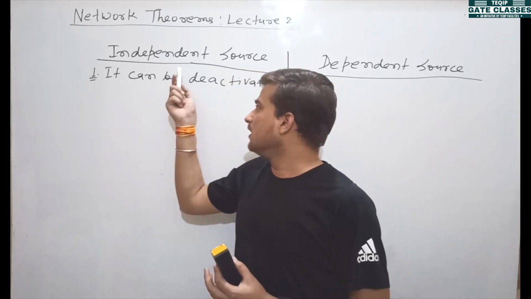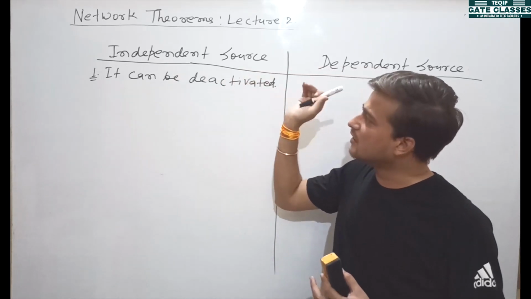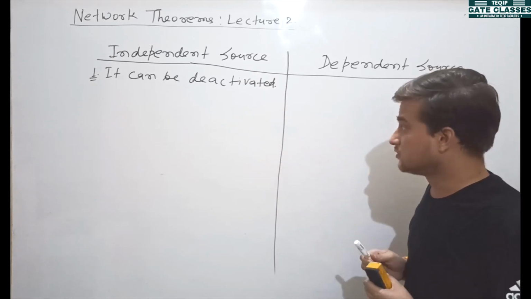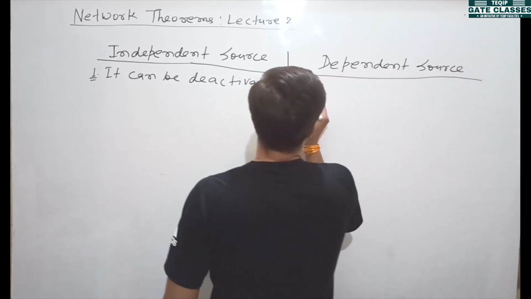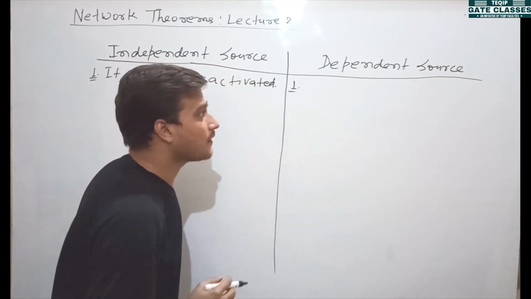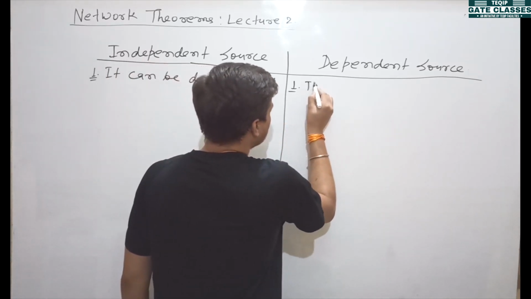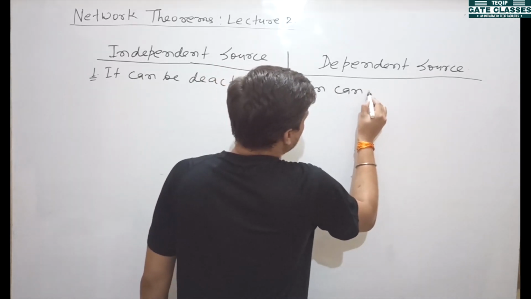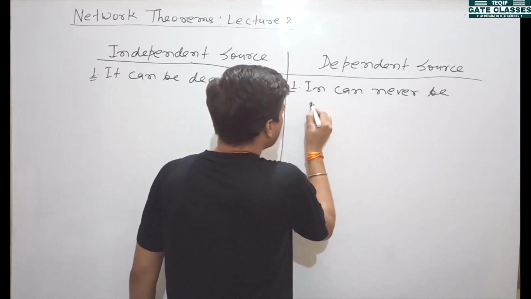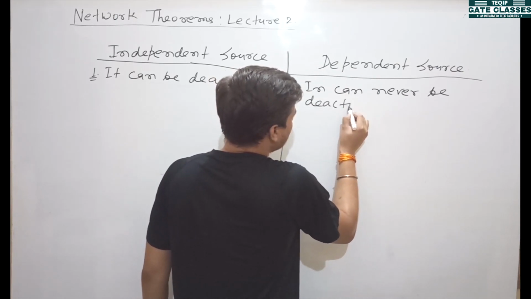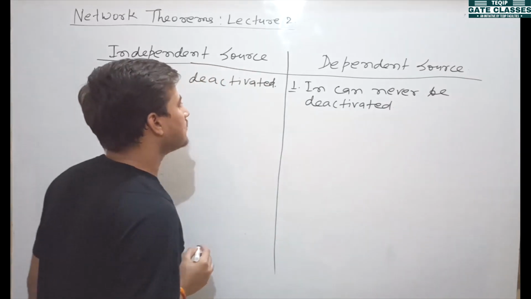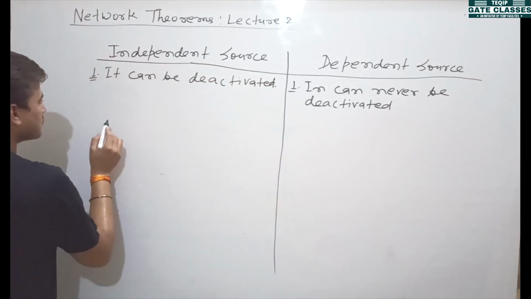So if you have an independent source, you can deactivate it. Clear? If you have a dependent source, it can never be deactivated. You cannot deactivate any dependent source.